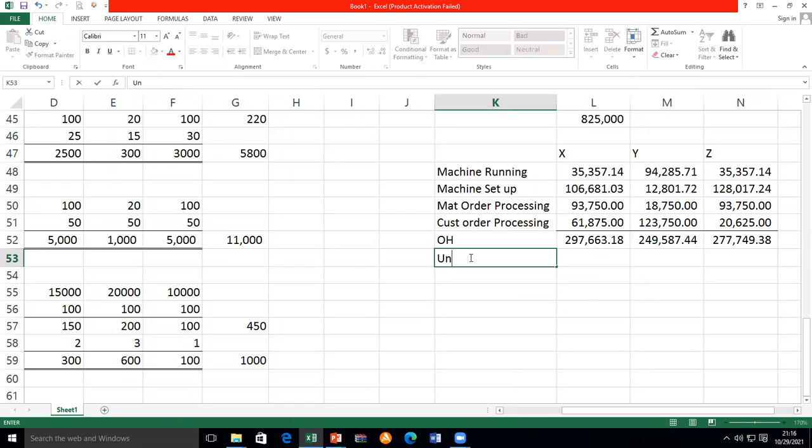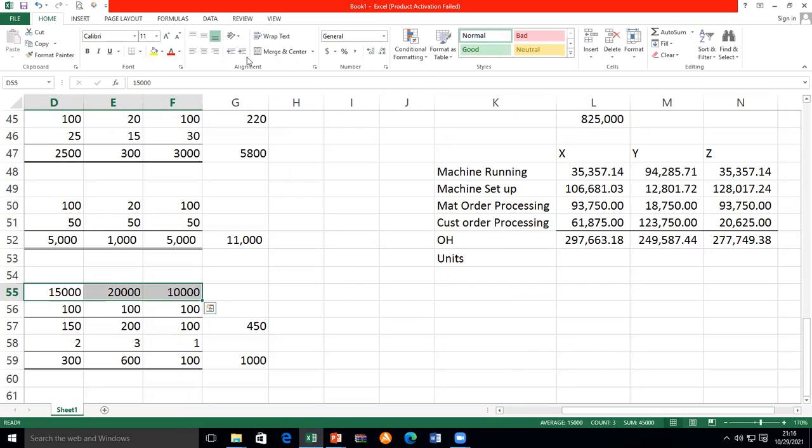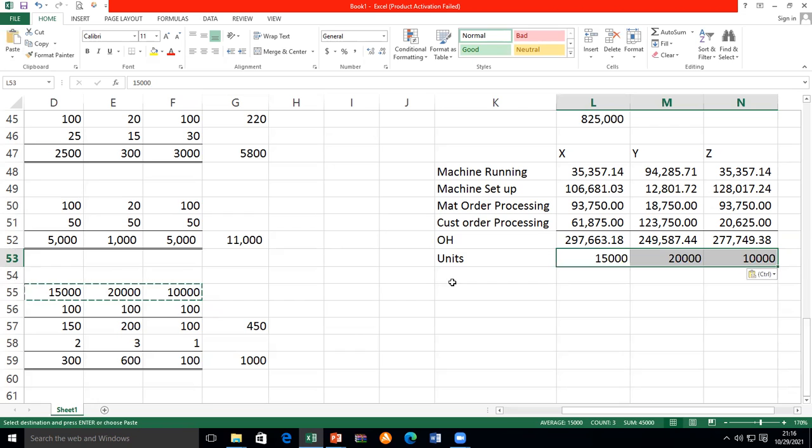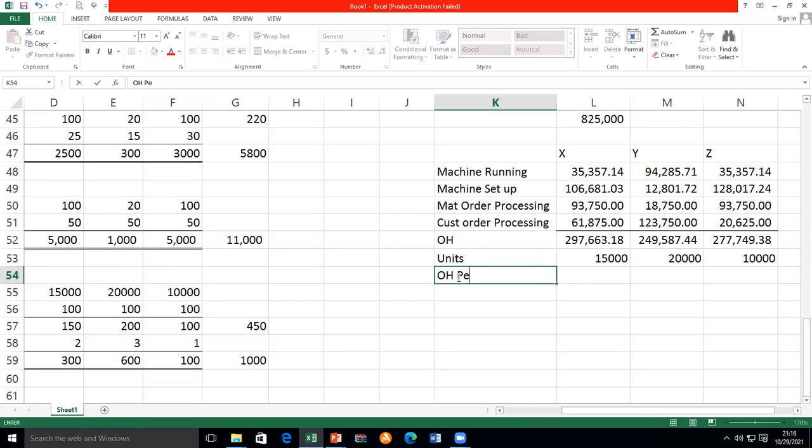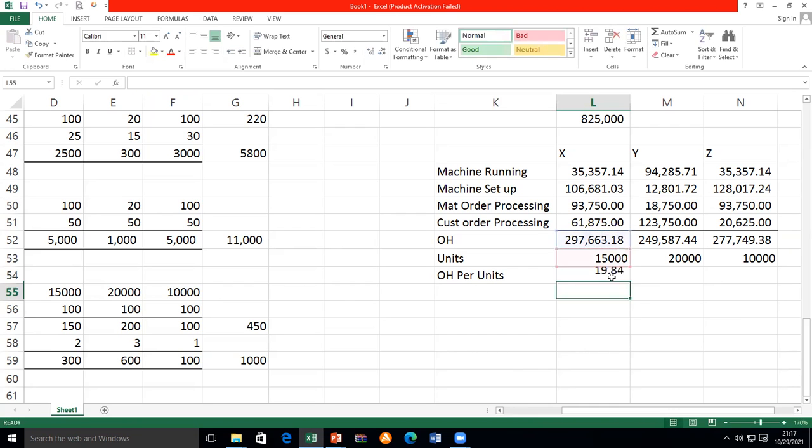We put in the units that we are producing. So we have overhead per unit. So we go, take that, divided by that.